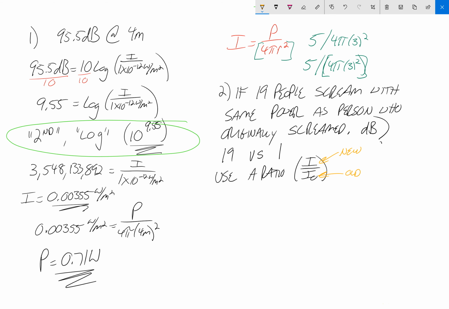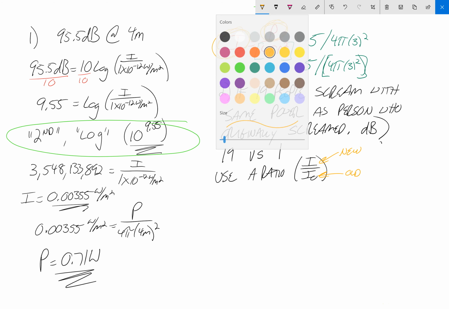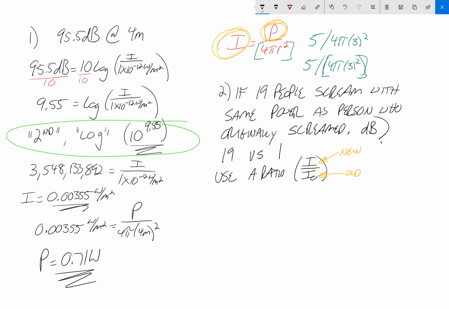So if we have 19 people screaming, then that's 19 times the power, which would be 19 times the intensity. So if we put that into math, you end up with a decibel level equals 10 log, take a ratio of your new intensity, 19, compared to your old.